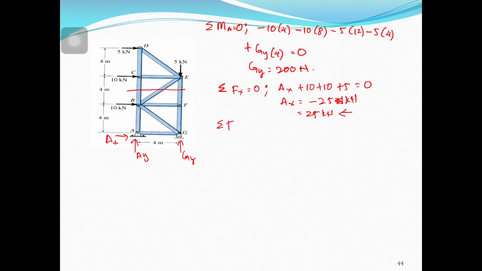And then summation of Fy is equal to 0. So you have Ay plus Gy, which is 200, minus 5 equals 0. So Ay is also minus 195 kilonewton, or 195 kilonewton to the bottom.